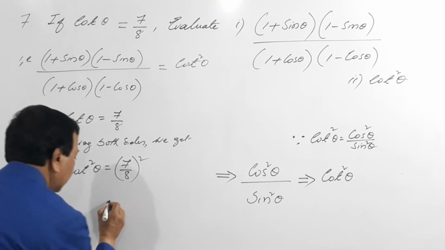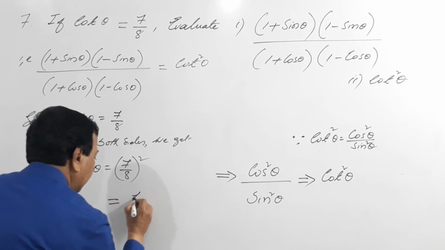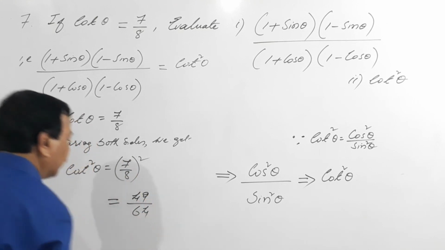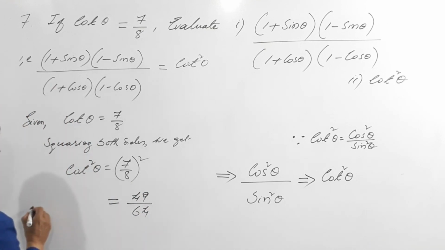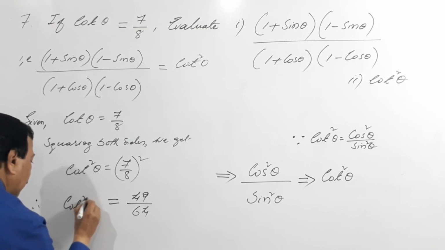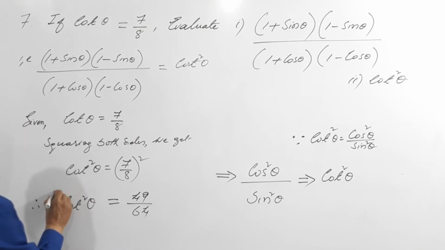So 7 sevens are 49, 8 eights are 64. Therefore, cot square theta equals 49/64.